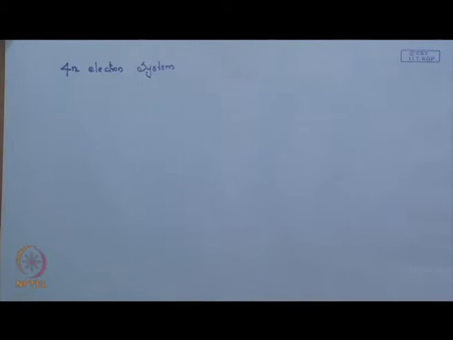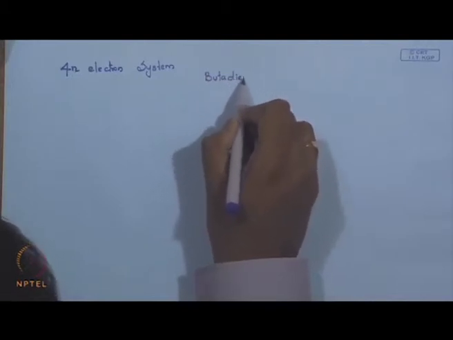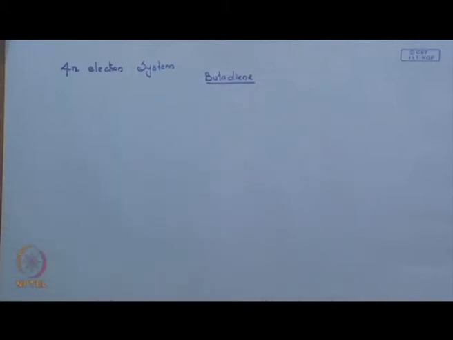We will take the simplest system of 4n electron system, yes, your butadiene. Now, we will try to understand how in butadiene we can think about this dis and con rotation.